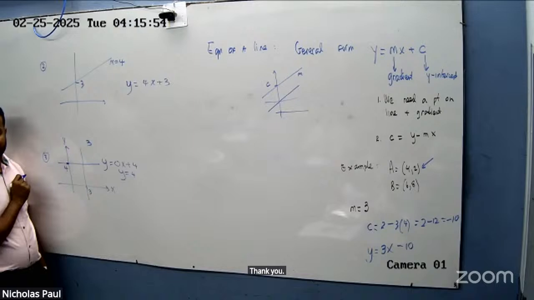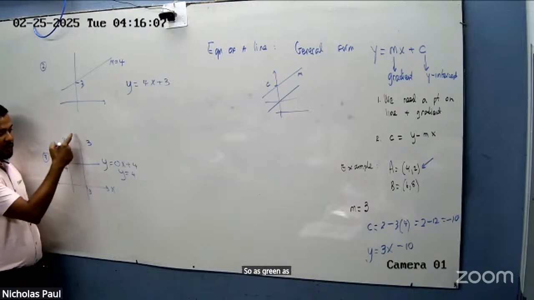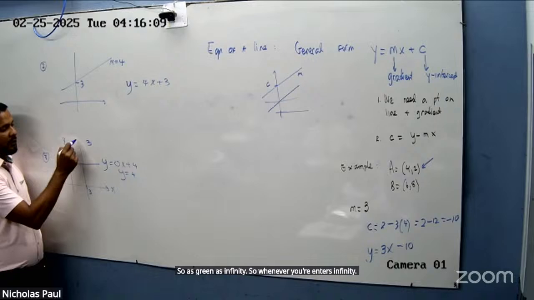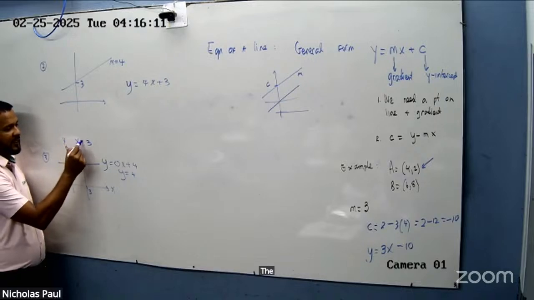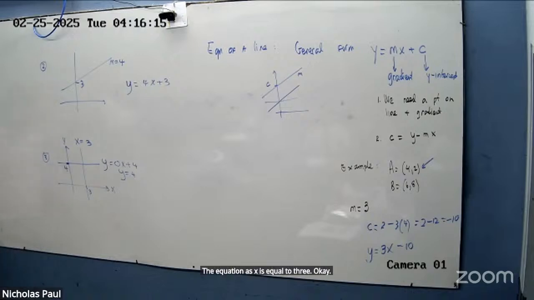So the gradient is infinity. Whenever the gradient is infinity, the equation is x is equal to 3. Okay, x is 3.